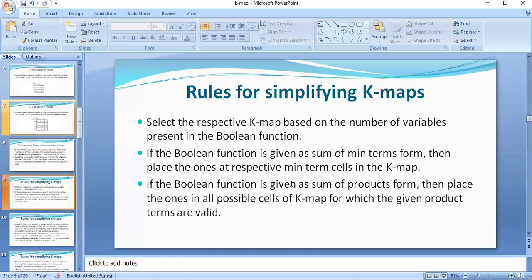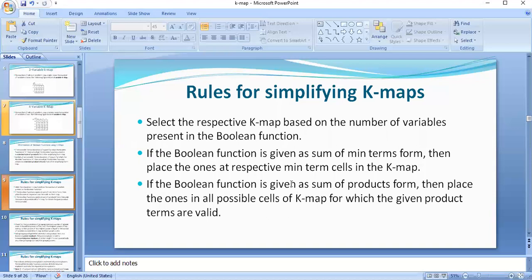First step: if the function is in sum of products form, having minterms, we represent the given minterms as 1 in the K-map.